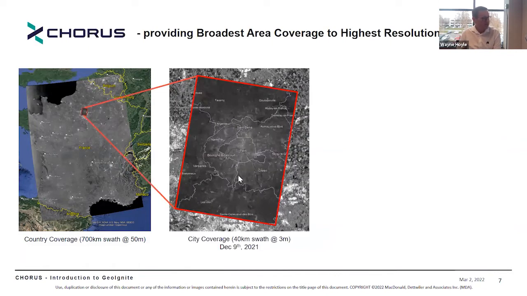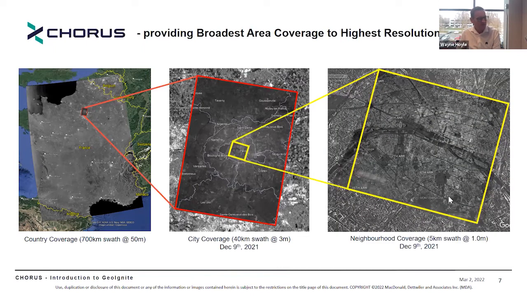We can then zoom in with a 3-meter product that we collected on December 9th over the city of Paris, and then zoom in further with a 5-kilometer spotlight image at 1 meter resolution. So we can go from the broadest area, the country, down to the highest resolution with CHORUS.